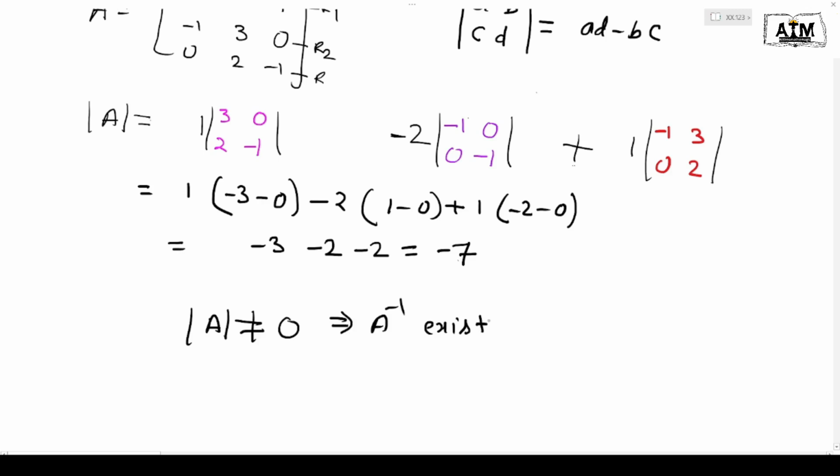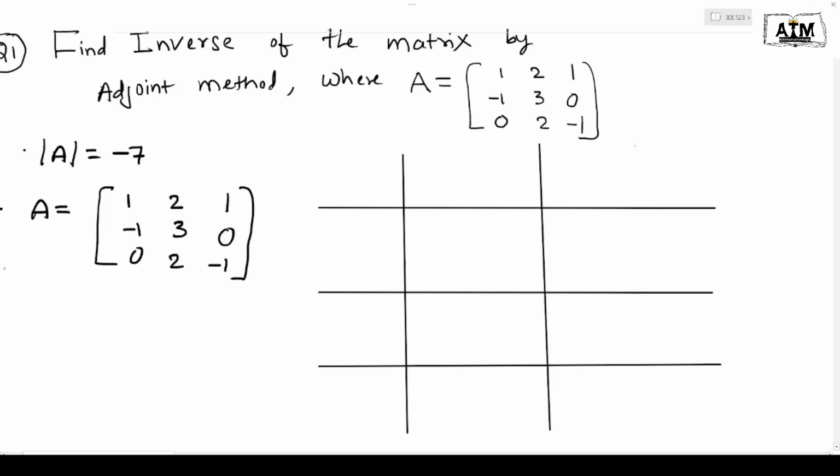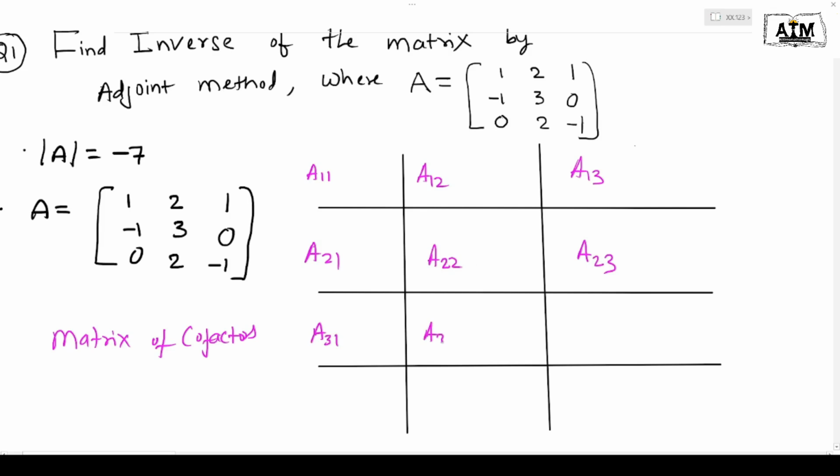Now we'll find the cofactor matrix of A. That is, we have to find the matrix of cofactors. We have to find the cofactors A11, A12, A13, then A21, A22, A23, A31, A32, and A33.